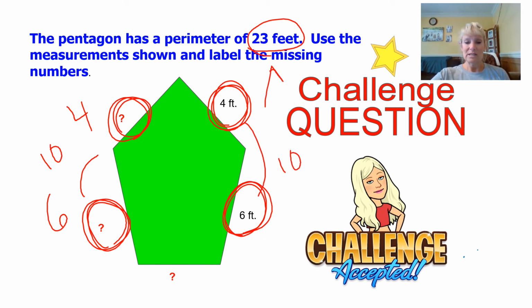Now, notice that it says it's only 23 feet. So if it's 23 feet, I have 20 right now, which is going to tell me what my missing number is. This one is going to be 3 because 10 and 10 and 3 is 23. So I am labeling this as 3 feet. I hope you got that challenge. That was really tricky.